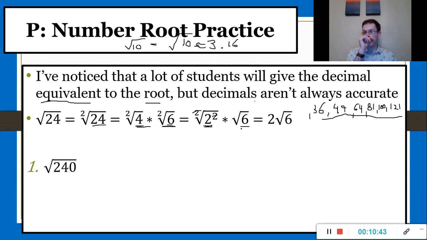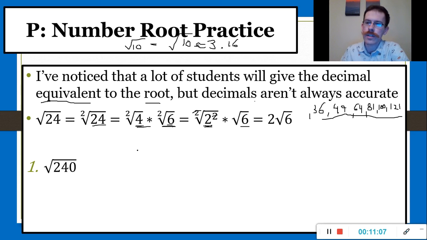Now, what you want to do is go for the largest root possible. Like if I have the square root of 240, I know that 240 is divisible by 4, or at least I highly suspect it is. It is, but that gives me the square root of 60, which would also be broken down.